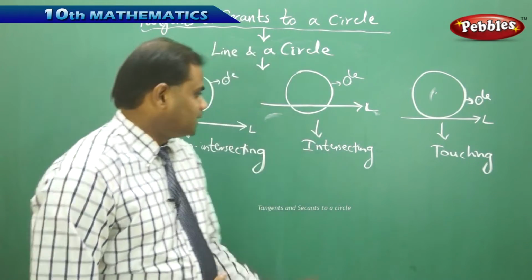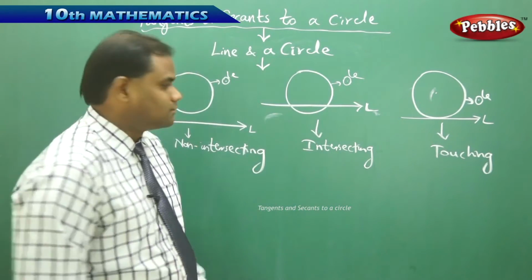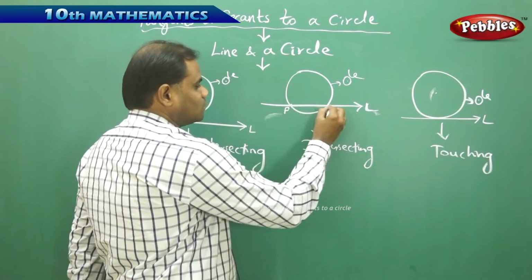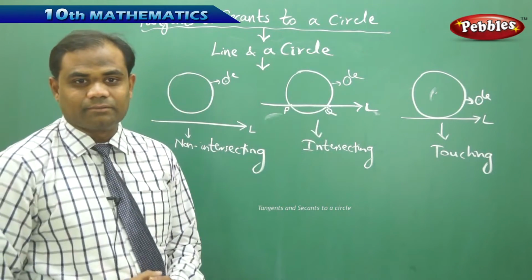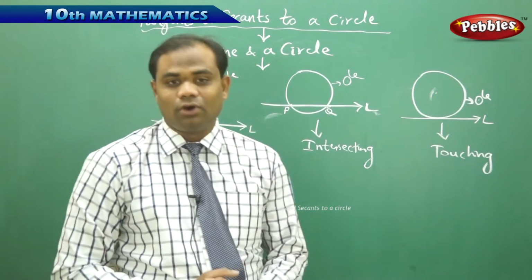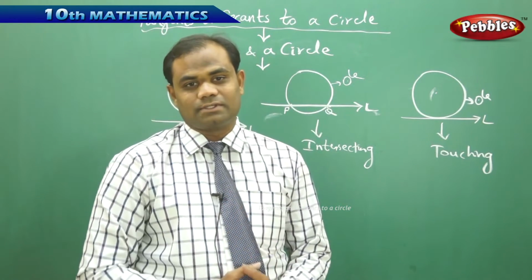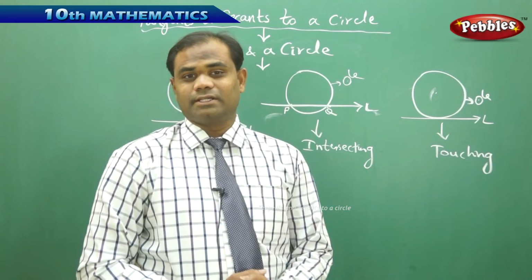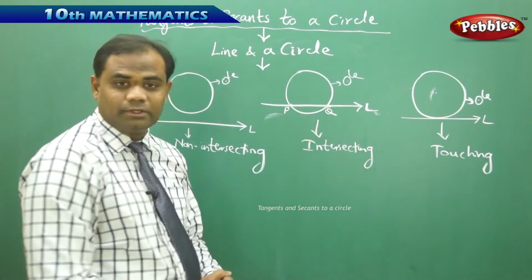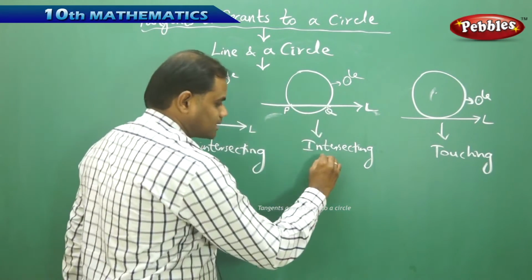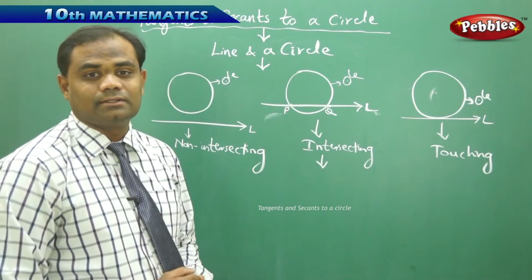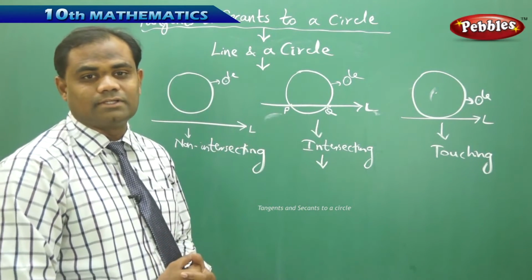Coming to the intersecting case, suppose I have the 2 points P and Q where the line intersects the circle, then this line segment PQ is called the chord or the secant of the circle. So for an intersecting line, we have the chord or the secant for a given circle.